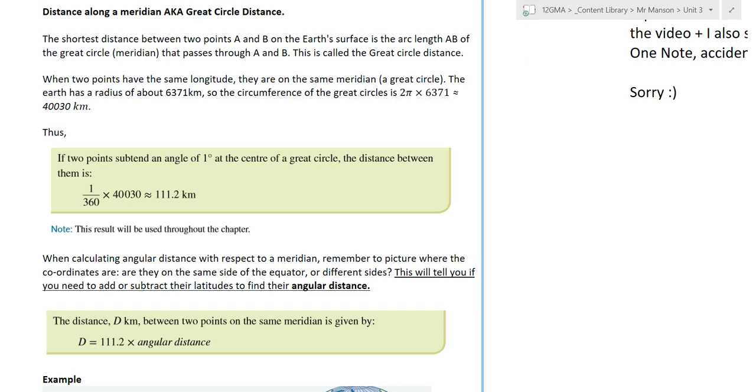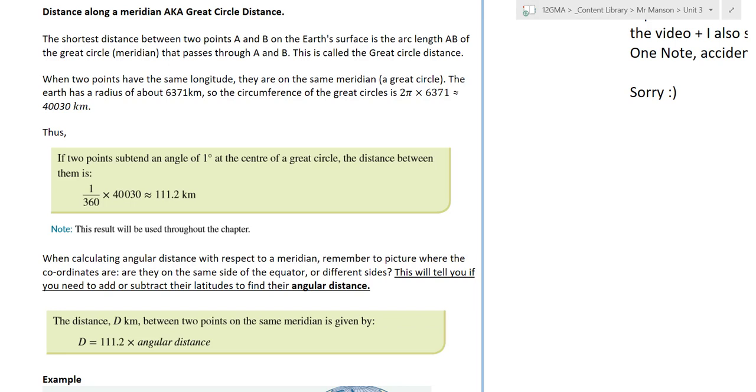Let's say Sydney and Perth. Let's say Perth is 137. Well, then the distance around the globe is 20 degrees. And you can use that and this idea to work out how far away they are. So it would be 20 degrees around the globe, 111.2 kilometres, 20 times 111.2 is the distance between the two. So that's all you need to do in terms of those calculations.